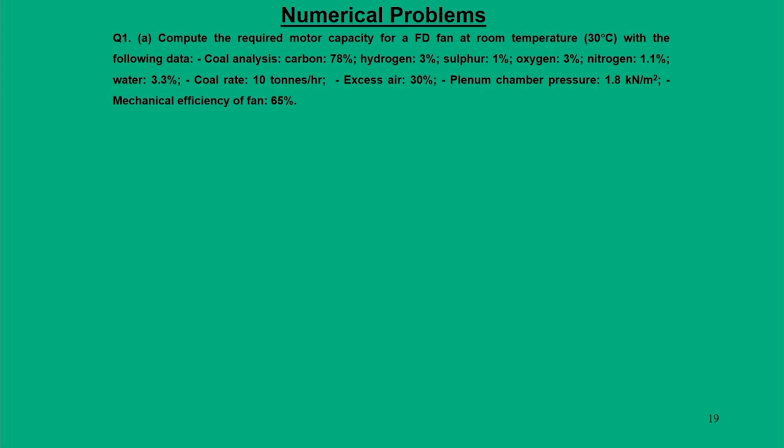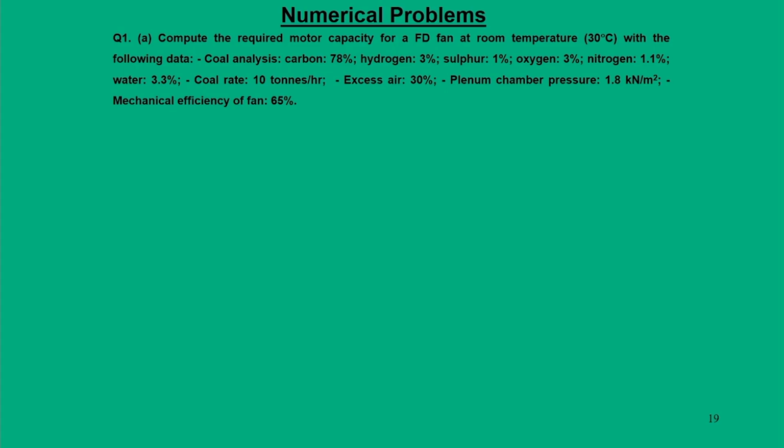So, they mainly deal with the air which is already present in the systems or various components. At the same time, they also have to take out the products of combustion.